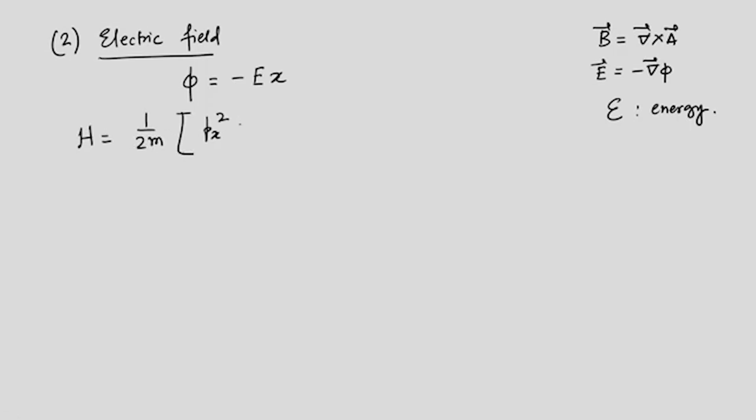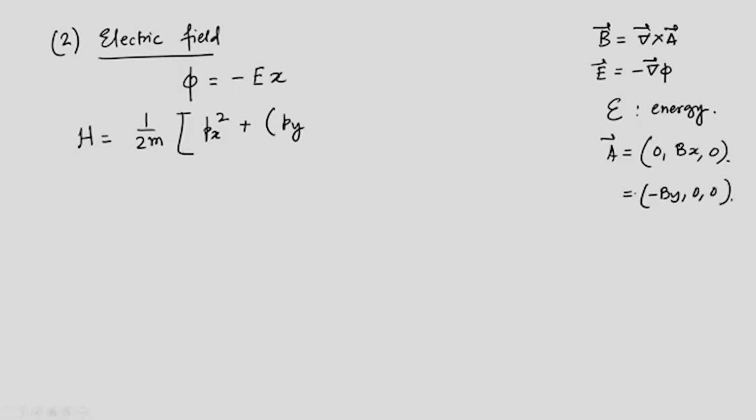Now I'll write down the gauge to be slightly different. Now I take a gauge where A is not minus By, but is equal to 0, Bx, 0. So instead of what we have taken earlier, By 0 0.